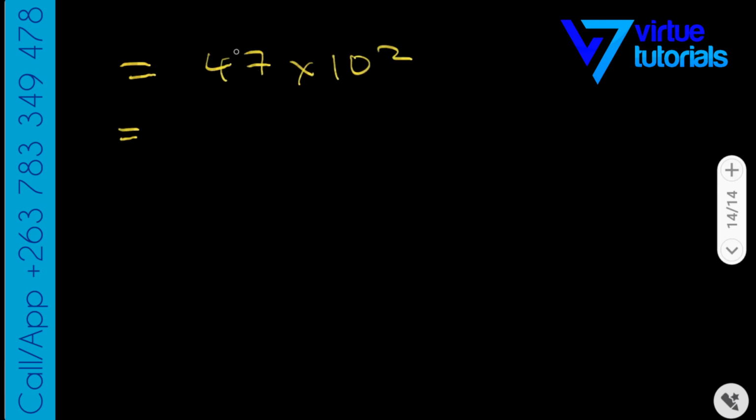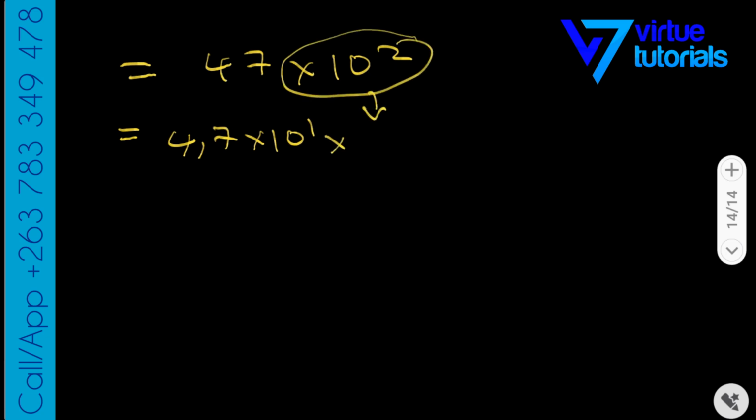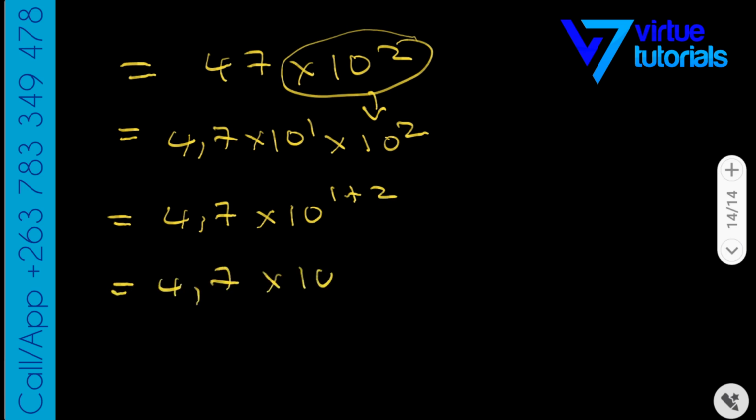If I deal with 47 alone, I will have 4.7 times 10 to the power 1. Then I can bring that times 10 to the power 2 here. 4.7 remains 4.7. Then these two, by the laws of indices, the powers will add. And then I'll end up with 4.7 times 10 to the power 3. So it's hopefully a simple procedure to understand.